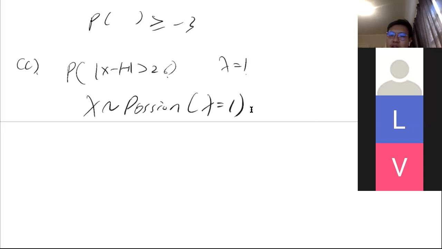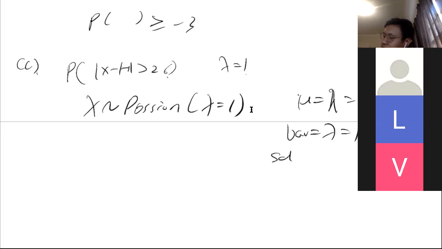So we know that for a Poisson variable, the mean, which is mu, is equal to lambda, which is equal to 1. And the variance is also equal to lambda, which is also 1.